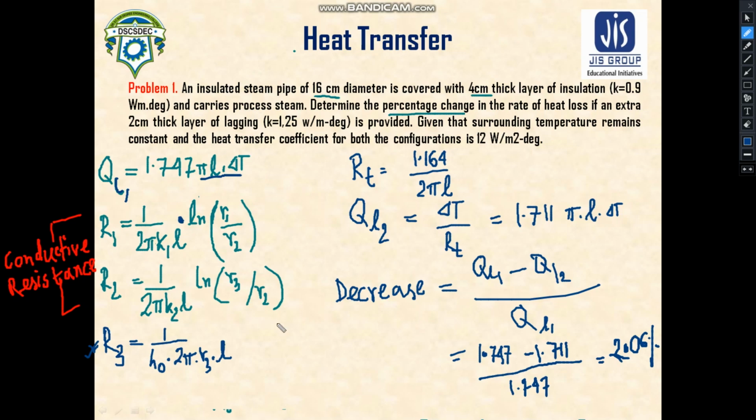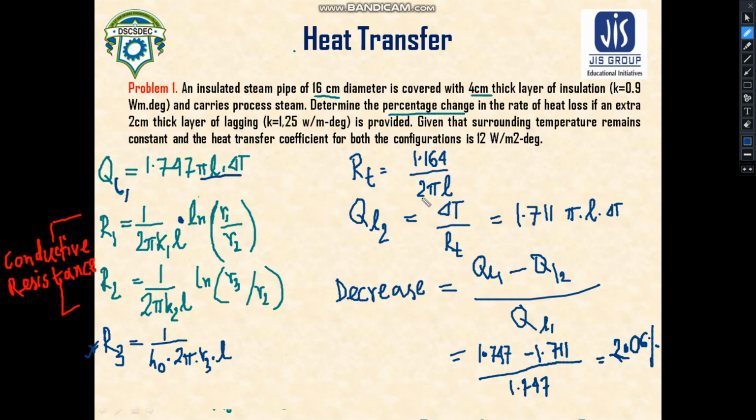So we added up all the thermal resistances in both cases. In the first case it was the sum of the convective and the conductive resistance, and in the second case it was the sum of two conductive resistances as well as the convective resistance.